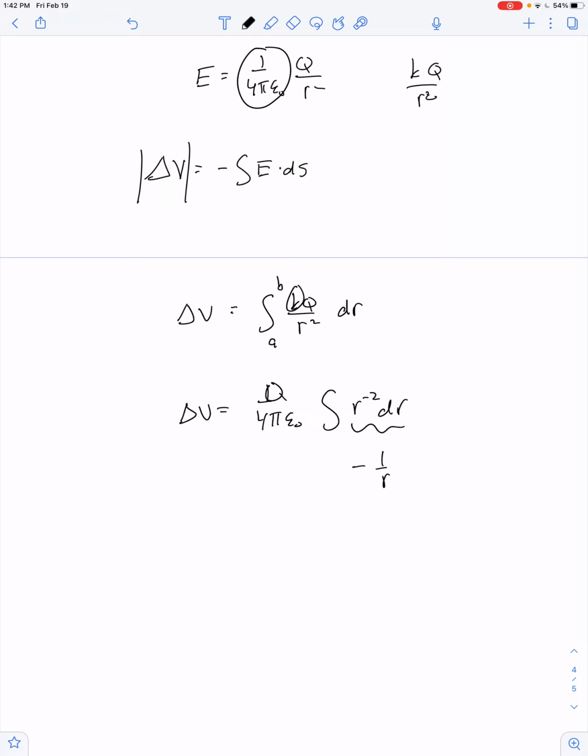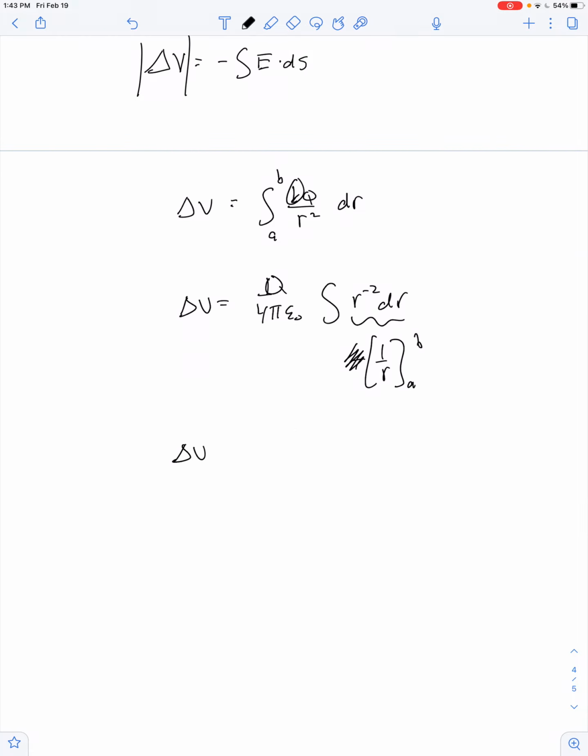Again, we're just interested in magnitude, so I'm not really going to pay attention to the negative sign. We're integrating from A to B. So we have delta V equals Q over 4 pi epsilon naught times 1 over A minus 1 over B. Well, I guess I really haven't ignored the negative sign. I switched the limits.